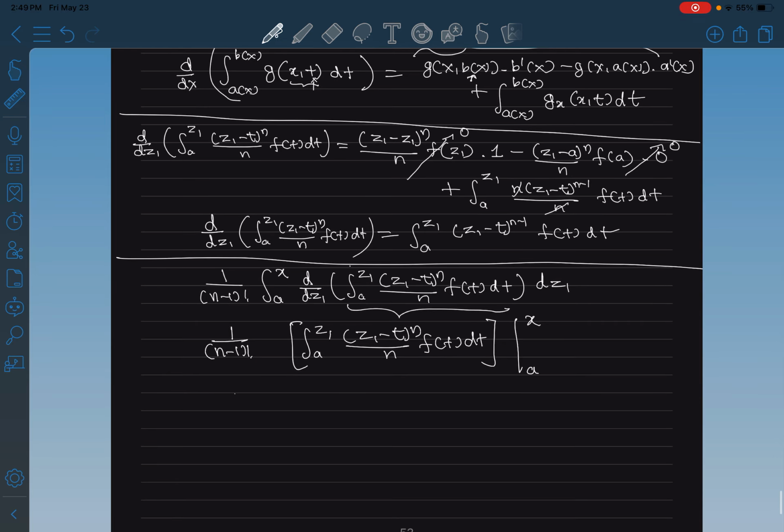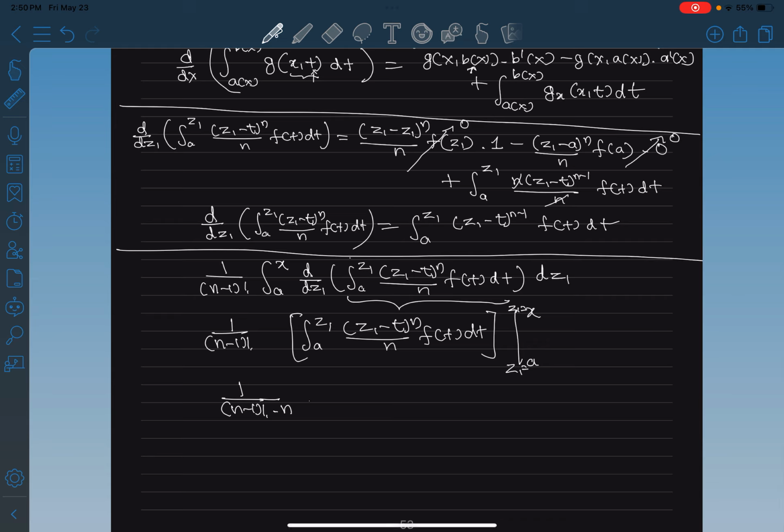Now we substitute the limits of integration, and I can definitely take the n out over here. This integration was with respect to g1, so this is from g1 equals a to g1 equals x. If I substitute g1 as x, this becomes the integral from a to x of (x minus t) to the power n by n, f of t dt, minus, if g1 is a, the integral from a to a of (a minus t) to the power n, f of t dt. The n's already been taken out.